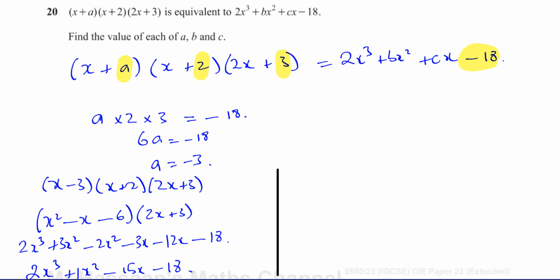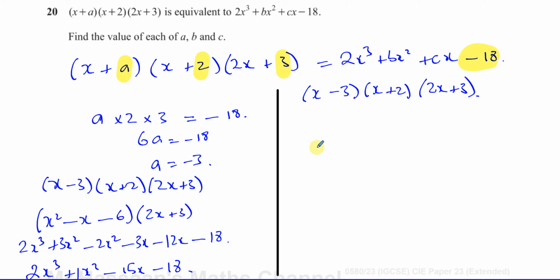Now, a quicker, more sensible way of doing this would be to think: we have x minus 3 times x plus 2 times 2x plus 3.